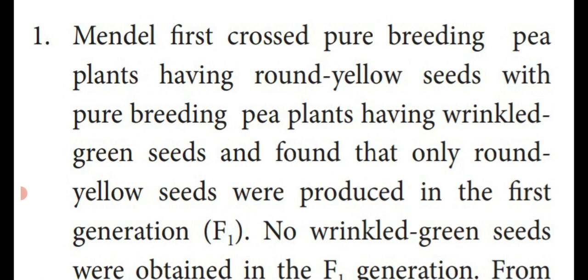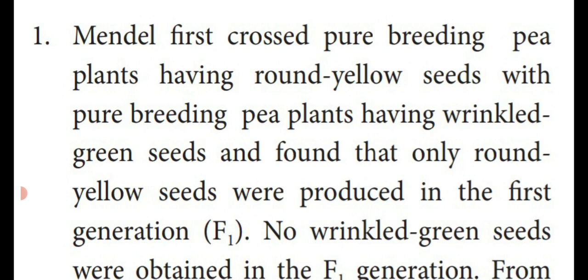In the first observation, Mendel crossed pure breeding round yellow seeds with pure breeding wrinkled green pea plants. In the F1 generation, no wrinkled green seeds are produced. Only round yellow seeds are produced.